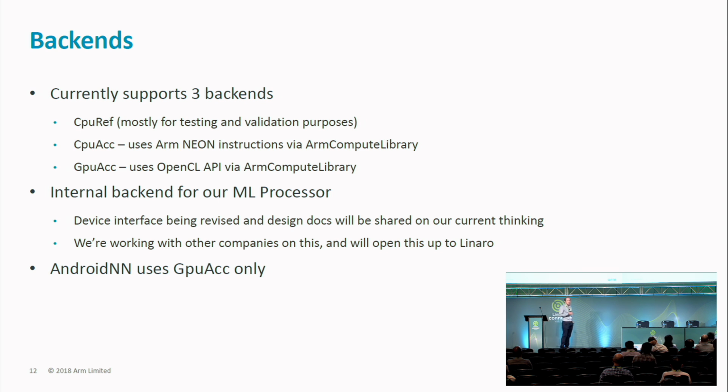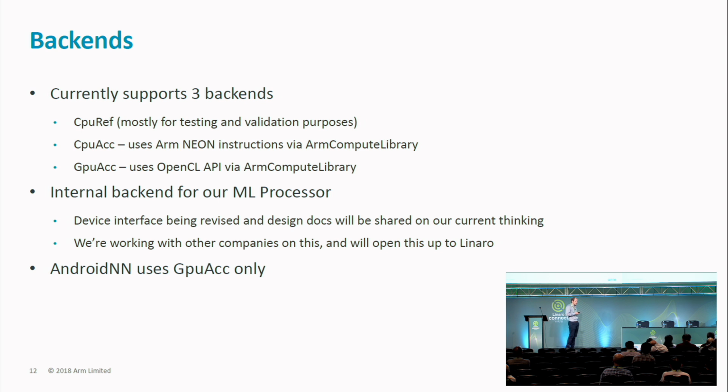And we then also expose the CPU accelerated backend and the GPU accelerated backend, both of which are using the compute library. And as Jem was saying earlier, that's the area where we've spent a significant amount of our effort. So the compute library is about 2.5 years now, and has had 10 or 15 engineers working on it for that full length of time, working to really optimize all of the key routines for machine learning processing.